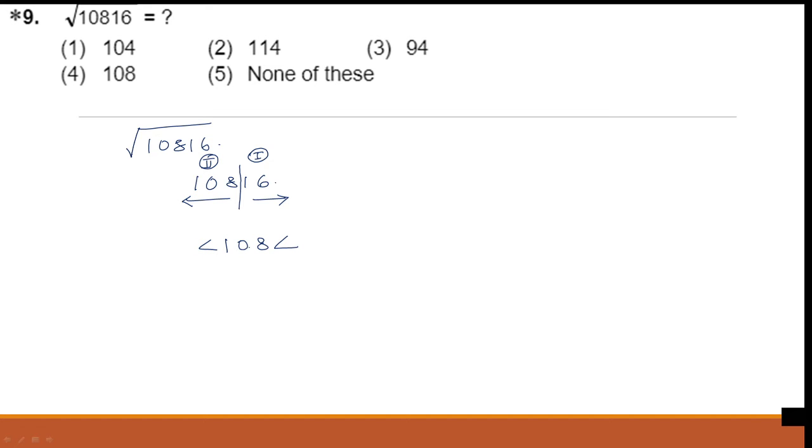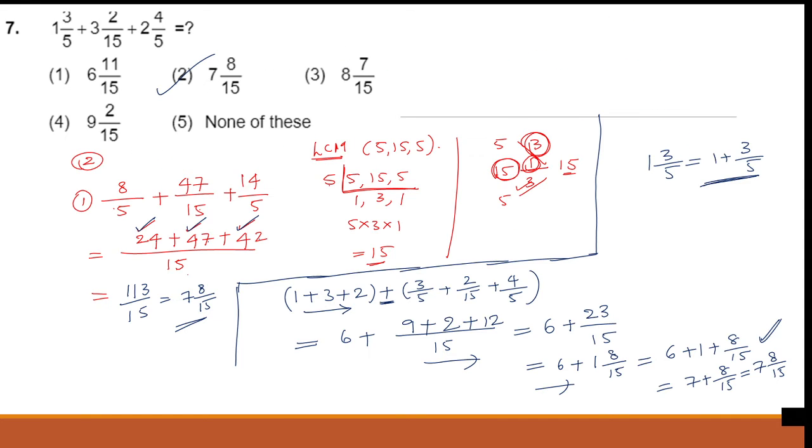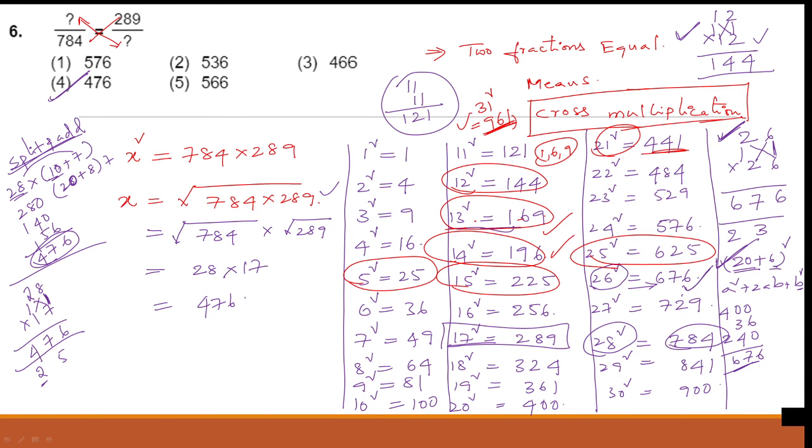which two squares this number 108 is in between. Let us come back once again. I have written the squares here, right? See here, the required number is 108. 108 is in between 10 square and 11 square, right?